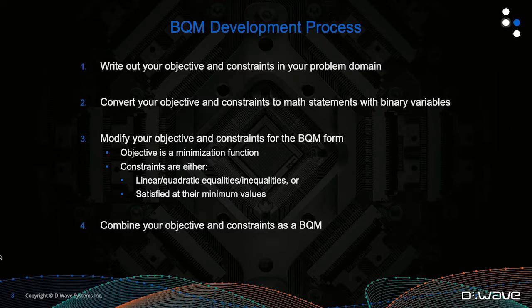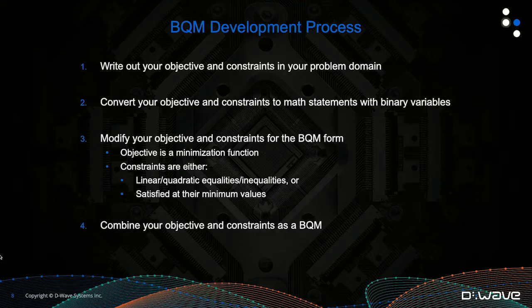Step 3, we're going to modify our objective and constraints for that BQM form. So what you may have noticed in that equation is that it's one expression. So this is where we really need to combine these constraints that might be inequality statements or equalities, and we need to figure out how to wrap these up into one expression for the quantum computer. So what we really need to have is our objective written as a minimization function.